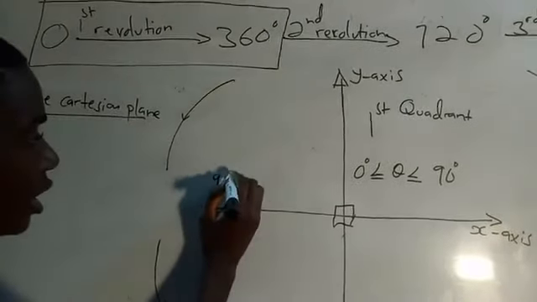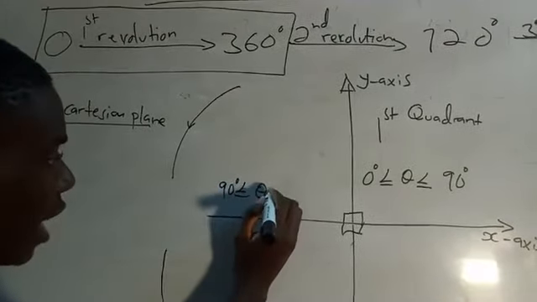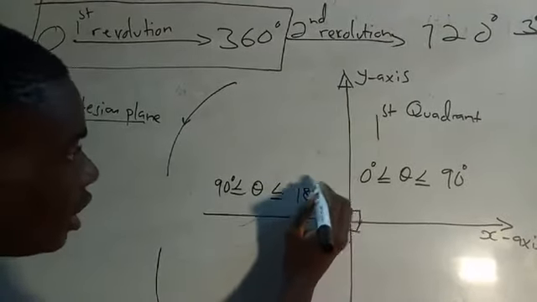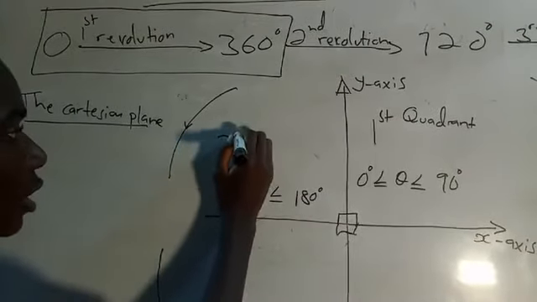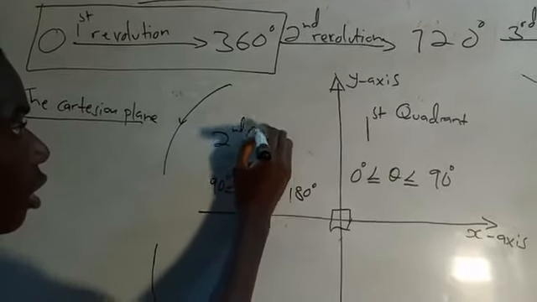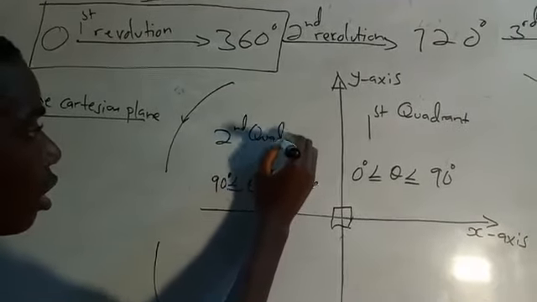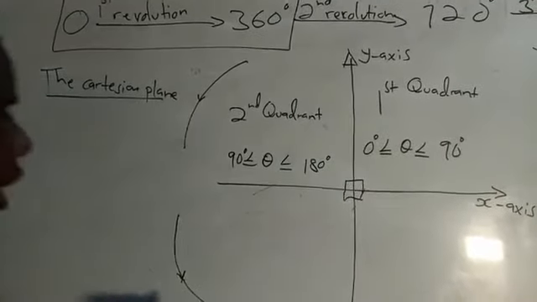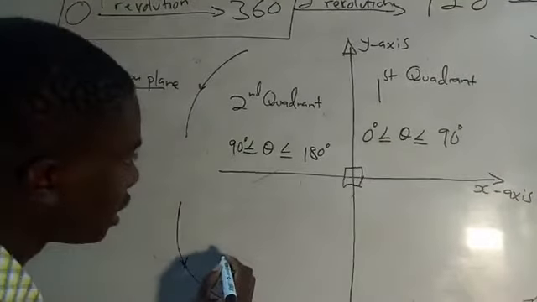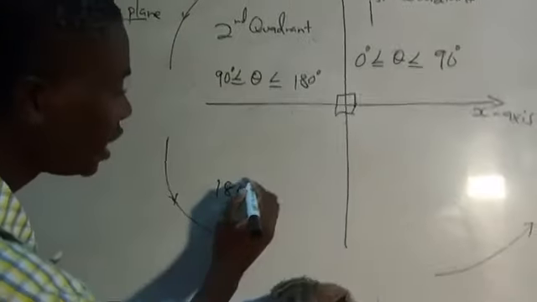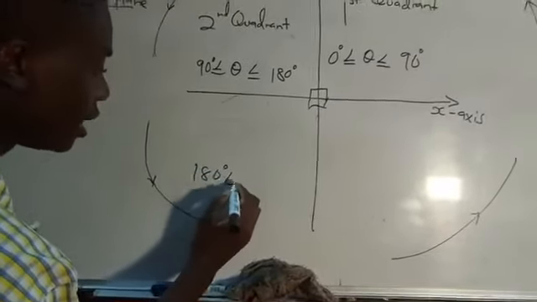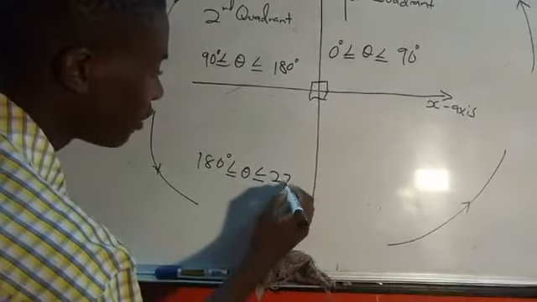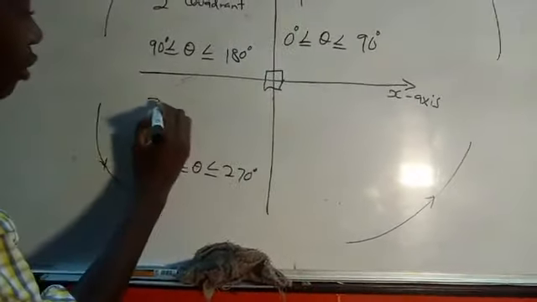And this one being 90 degrees less than or equal to theta, theta less than or equal to 180 degrees, being the second quadrant. And this one, 180 degrees less than or equal to theta and less than or equal to 270 degrees, being the third quadrant.